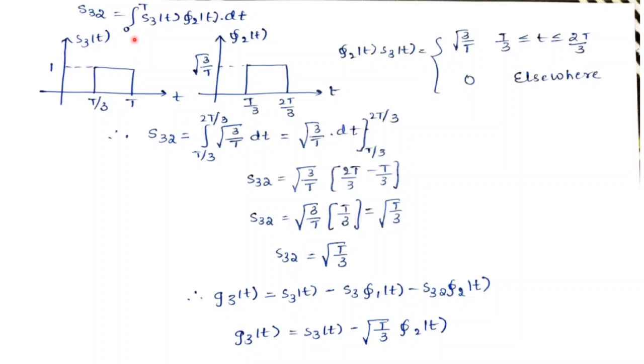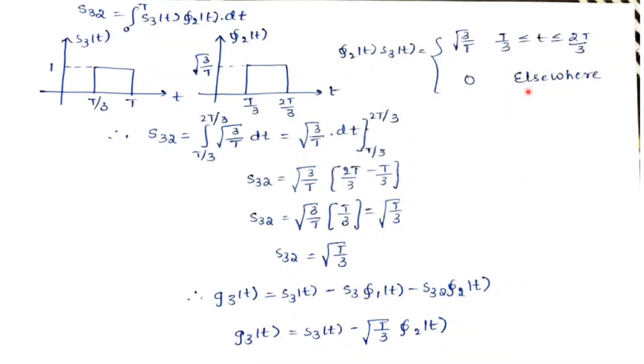s32 is equal to integral 0 to t of s3 of t phi 2 of t into dt. So we are drawing the plot for s3 of t and phi 2 of t, and we'll get phi 2 of t as root 3 by t for t by 3 less than or equal to t and less than or equal to 2t by 3, and 0 elsewhere.